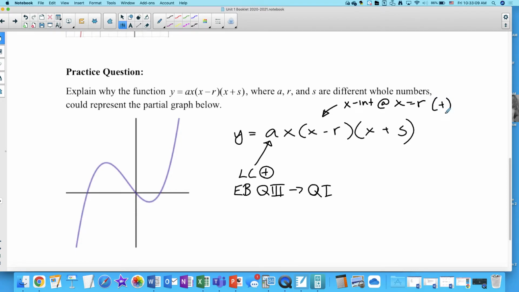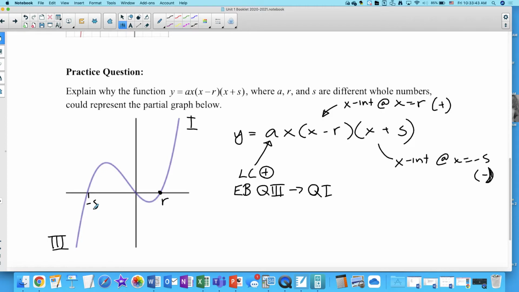Here's our positive x-intercept of r. This guy tells us that there's going to be an x-intercept at x equals negative s, because negative s plus s is 0. That's, of course, negative. And so we see that right here. Okay? There's one extra thing, though, that we see in the graph that we still need to connect to the equation. And that is this guy.